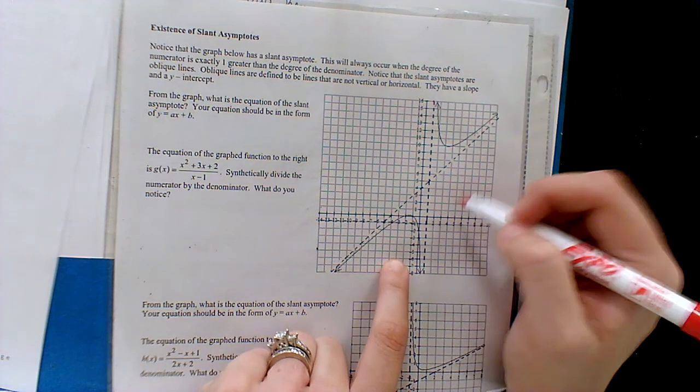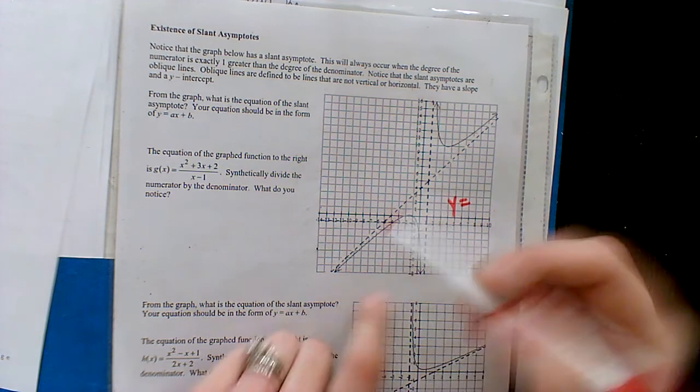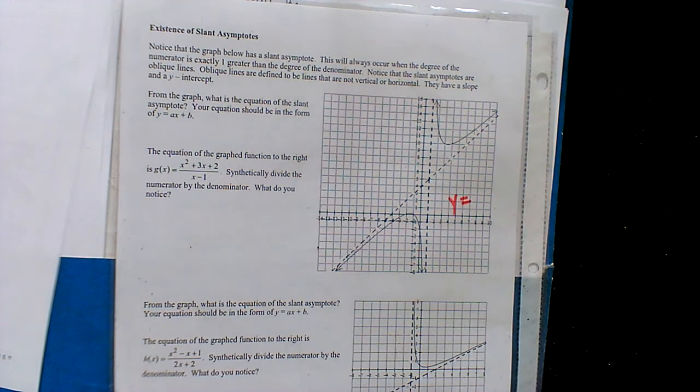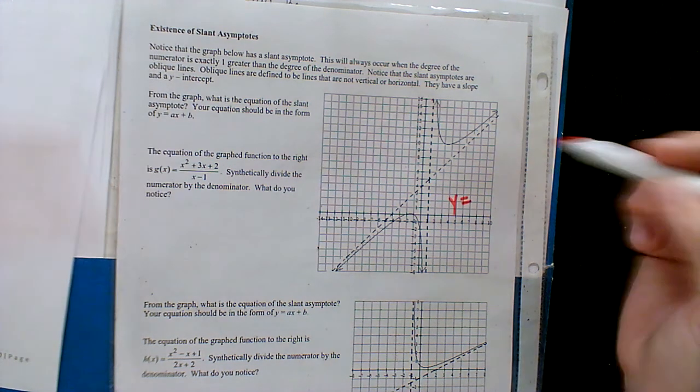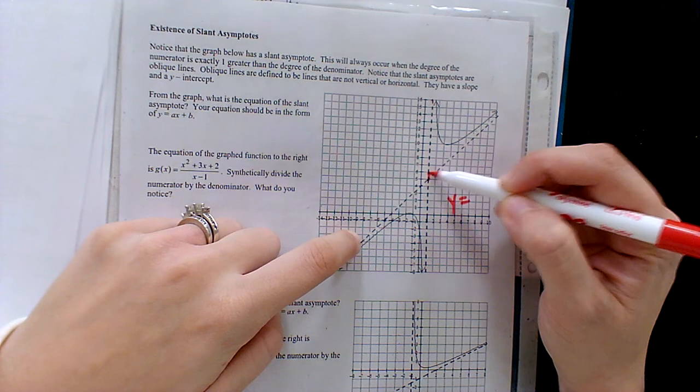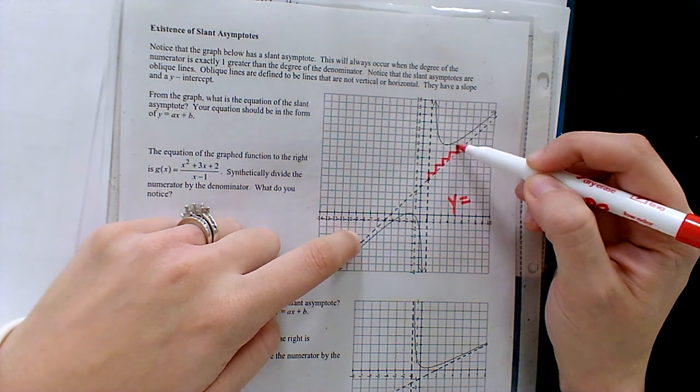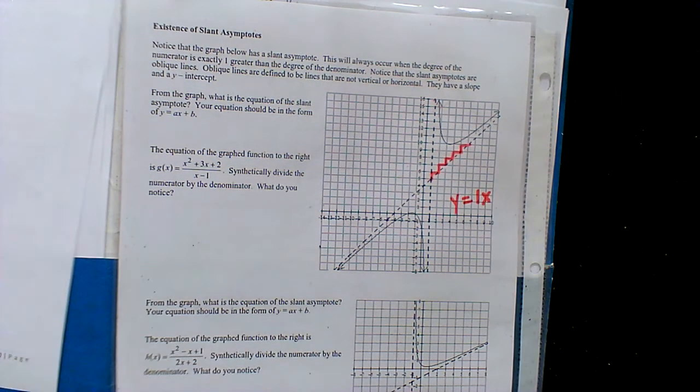Since we do though, can we maybe think about the equation of that slanted line? Can we pick apart different characteristics that can help us write the equation of a line? Yeah? Slope is 1. Okay, so if you pick some points, do rise over run. Alright, slope is 1.